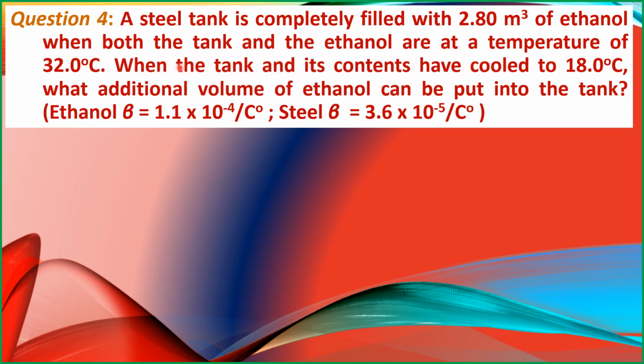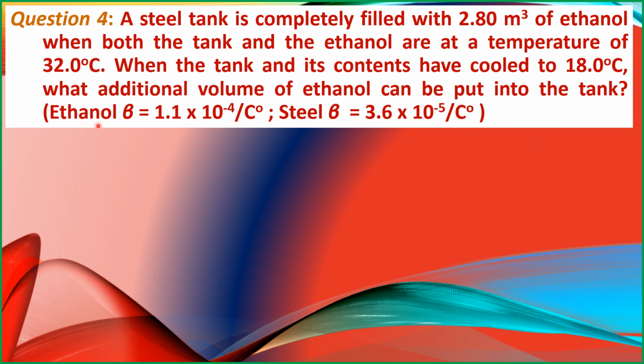We are down to our last question, question number 4. A steel tank is completely filled with 2.80 meter cube of ethanol when both the tank and the ethanol are at a temperature of 32.0 degrees Celsius. When the tank and its contents have cooled to 18.0 degrees Celsius, what additional volume of ethanol can be put into the tank?